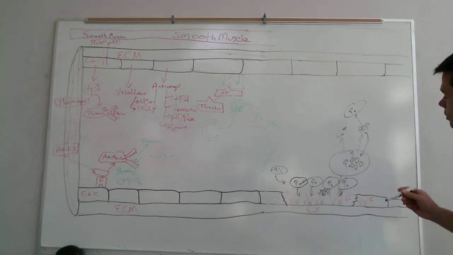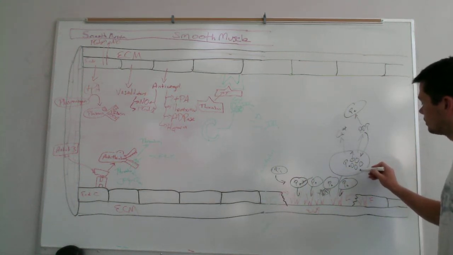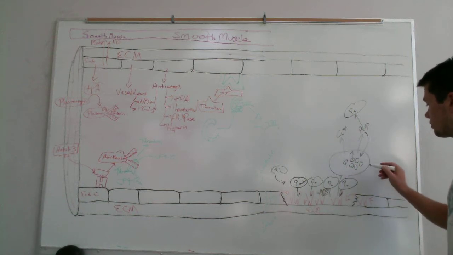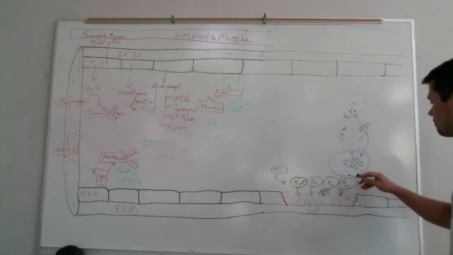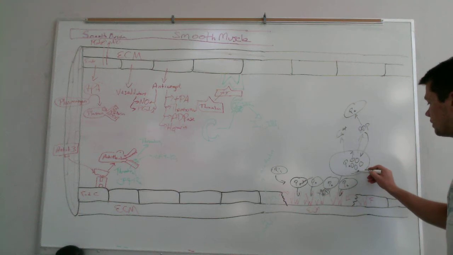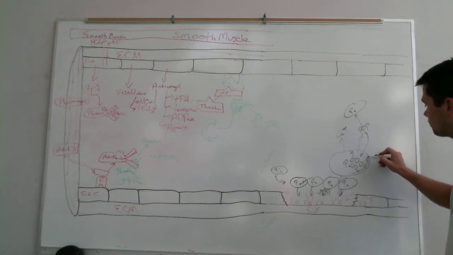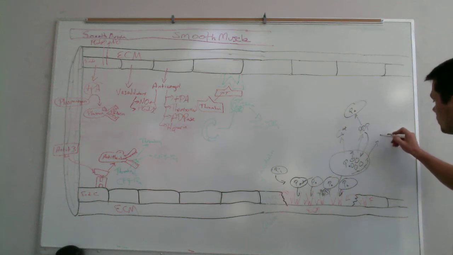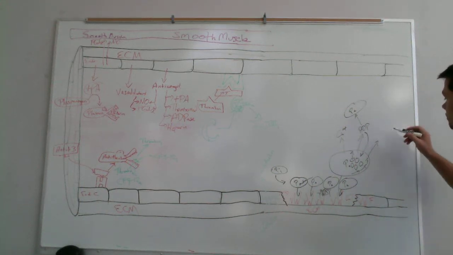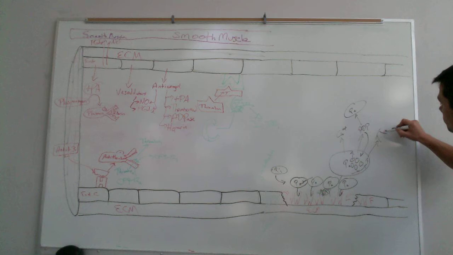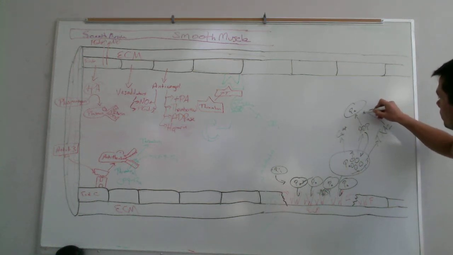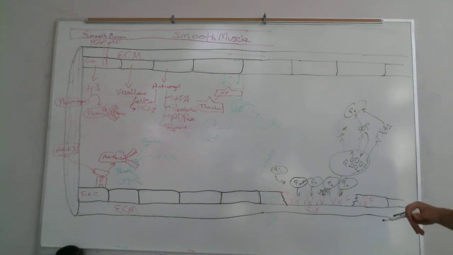Thromboxane A2. Thromboxane A2 is not secreted by the granules, but is synthesized through a cascade along the cell membrane. When thromboxane A2 is released, it also acts in platelet recruitment.